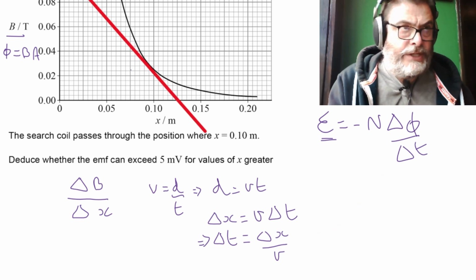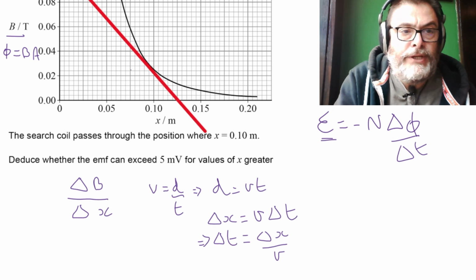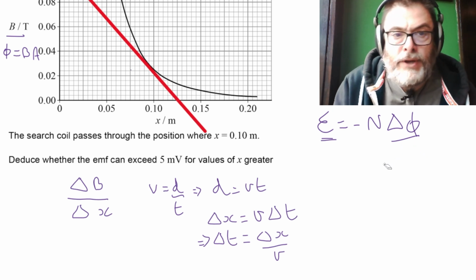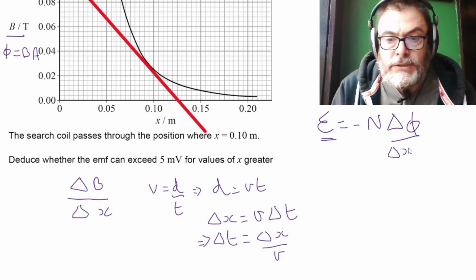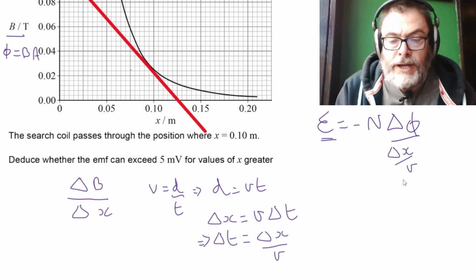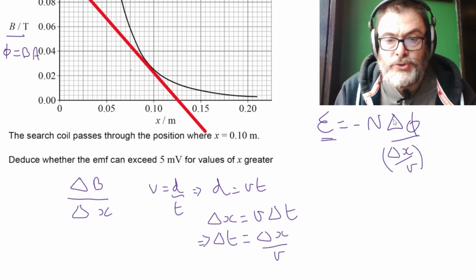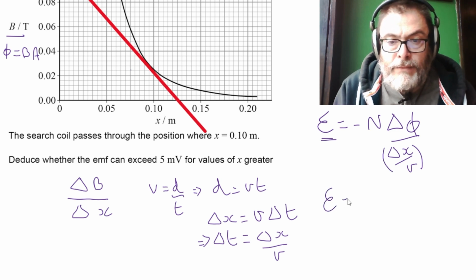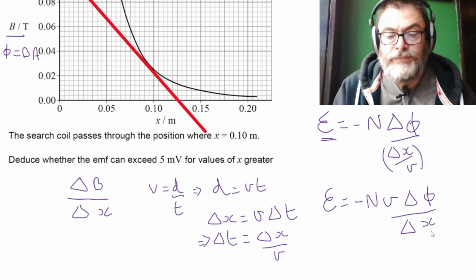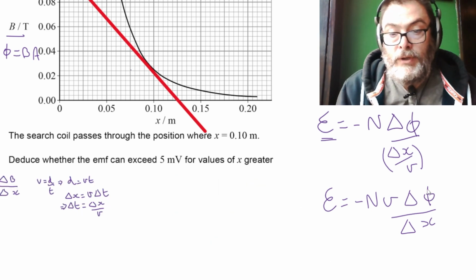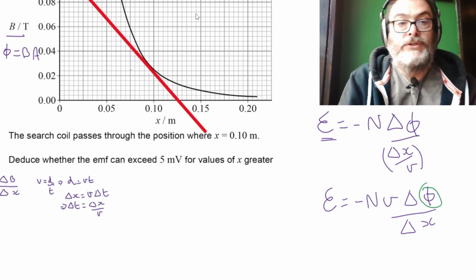So our next task then is to substitute out delta t. Goodbye delta t, and then we're going to put in delta x over v. Now algebra fans, which of course is all of you, will know that the EMF is going to be minus n times v delta phi over delta x. Last step then, we're going to substitute in for delta phi there.